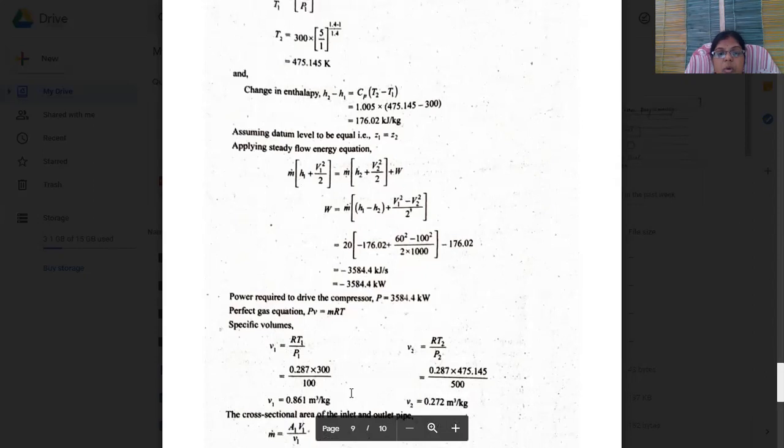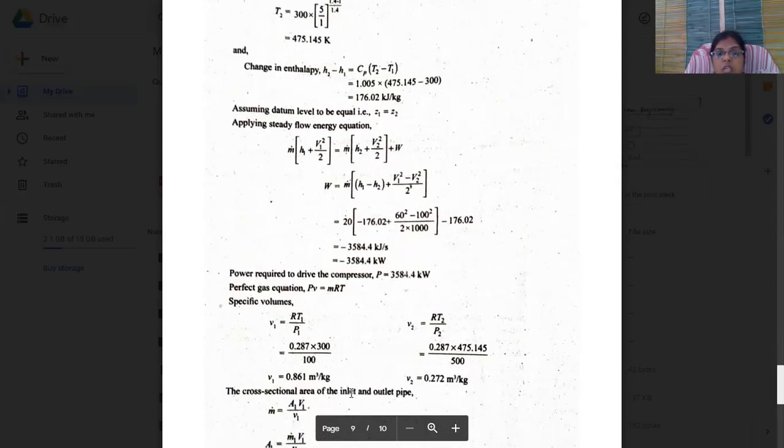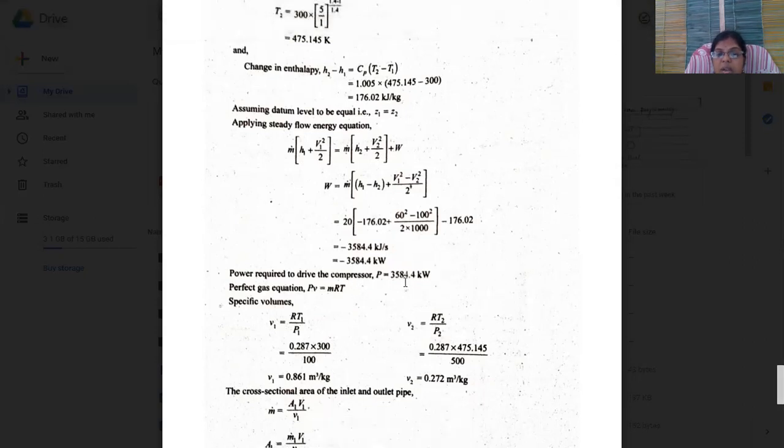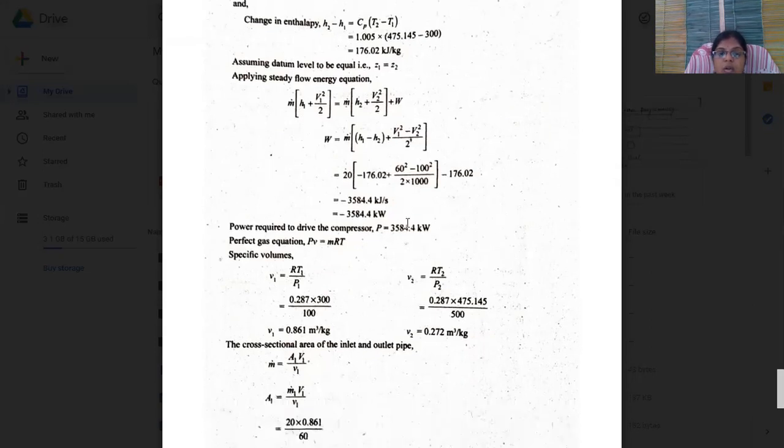So W is minus 3584.4 kilowatts. Joule per second is nothing but watt, so finally we get kilowatt, and the power required to drive the compressor is 3584.4 kilowatt. Okay, finally we got the power required to drive the compressor.